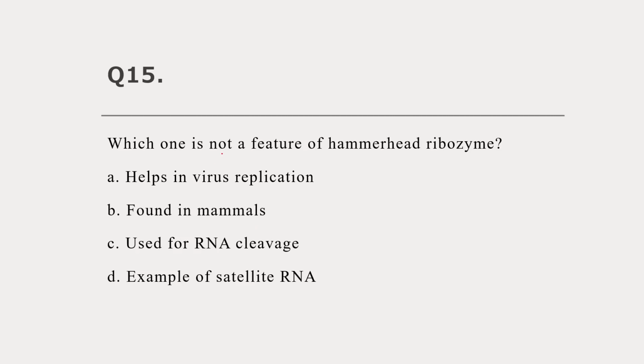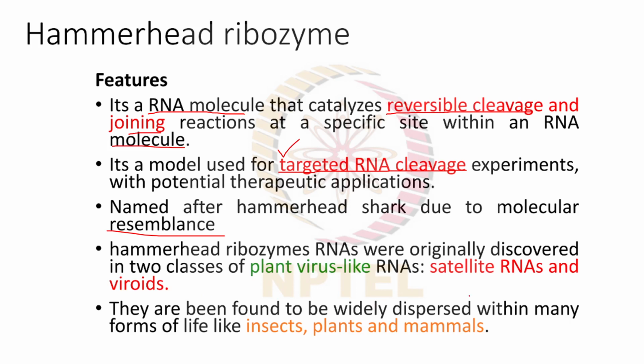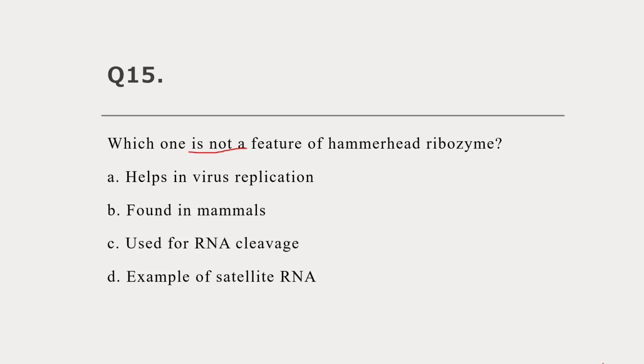It says it is not a feature of hammerhead ribozyme. Example of satellite RNA, yes, it is true. It is written here that it is an example of satellite RNAs. So it won't be the answer. Used for RNA cleavage.